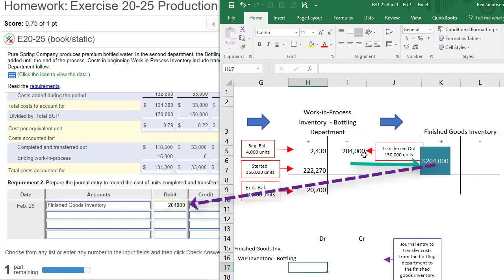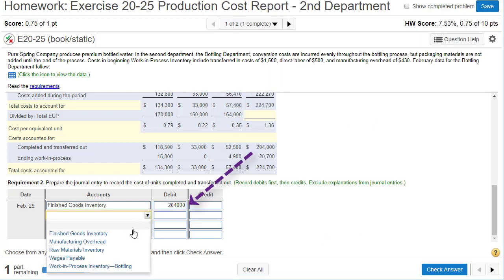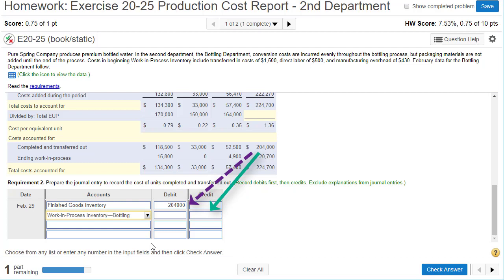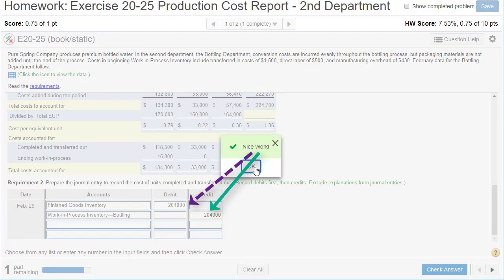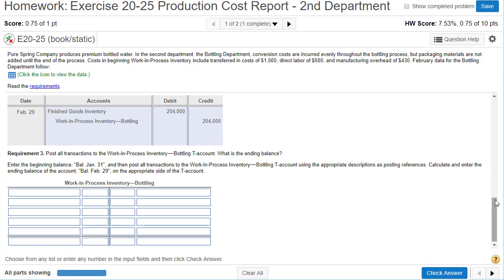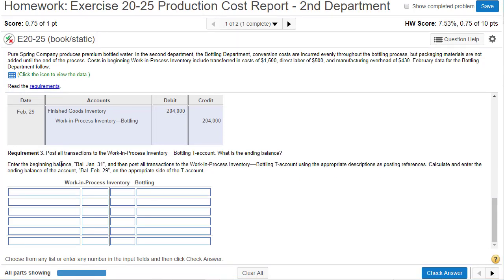So we've done the debit, and now we need the credit, and the credit is crediting, removing or lowering the cost from the bottling department. Work in process inventory, bottling for the same 204,000. And then we've got one more bit of information to do. So now we're on requirement 3.